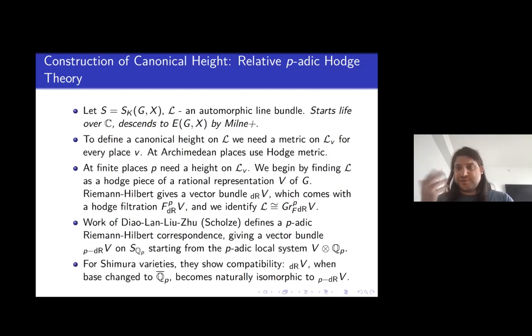You can show that's algebraic, and then you can base change to Q_p bar. On the other hand, you can first induce an étale p-adic local system and apply the p-adic Riemann-Hilbert correspondence. These sound similar, but they're actually very different constructions, because you're analytifying over C on the one hand and over Q_p on the other, very different kinds of objects. Nonetheless, they show that in the specific case of Shimura varieties with these vector bundles, you get something compatible.